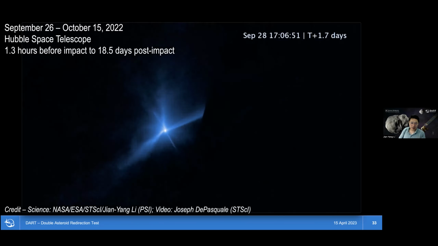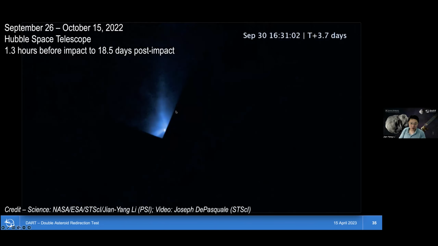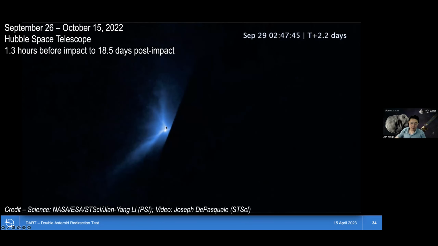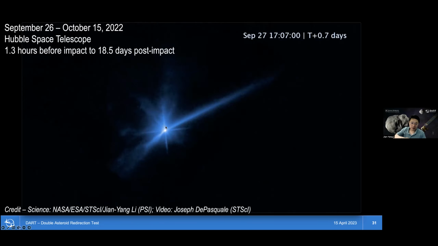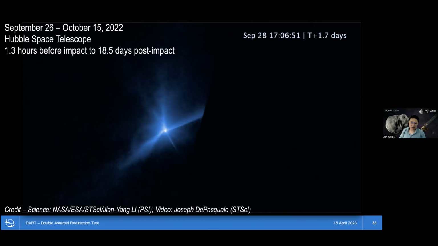Okay, and from this frame, you can see something very interesting happens. If you look at the center part, if I look back and forth a few times, the center part looks like there's a pinwheel, right? Some kind of spiral or pinwheel feature is rotating. That feature is also unique. That only happens in a binary system. This is because we are hitting Dimorphos, which is orbiting Didymos, and so everything that comes out from Dimorphos will be in orbit around Didymos.